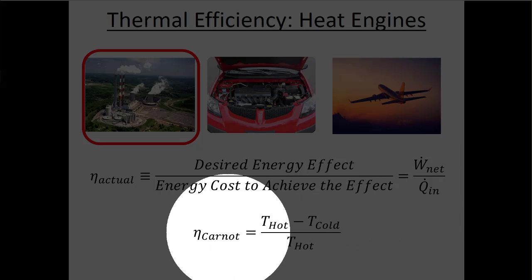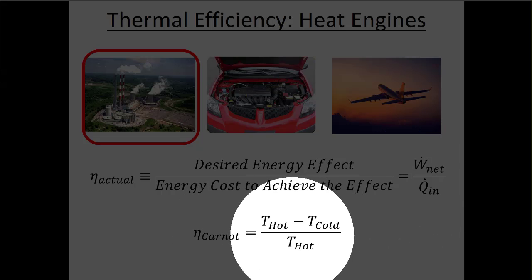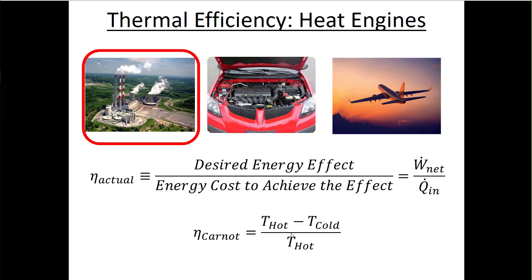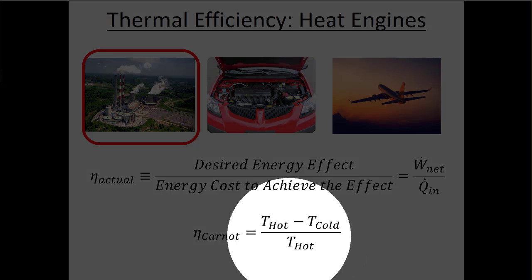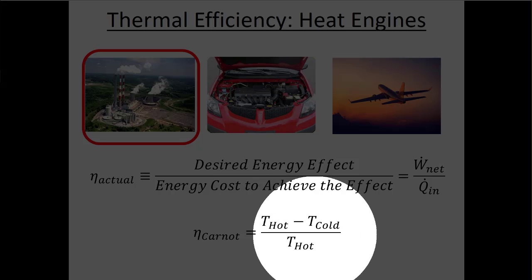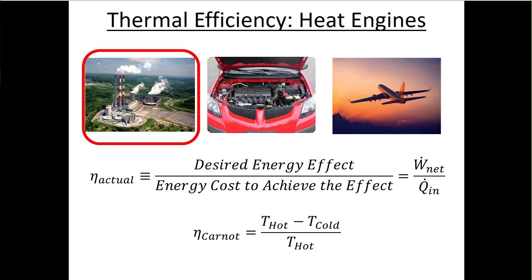If it's an ideal or Carnot engine, then we can make some substitutions and get this into a formulation to find the maximum efficiency using the temperatures. But we have to be careful here because the temperatures we have to use are absolute temperatures, particularly in the denominator, or if you rearrange this to be 1 minus T cold over T hot, because then it wouldn't be temperature differences.